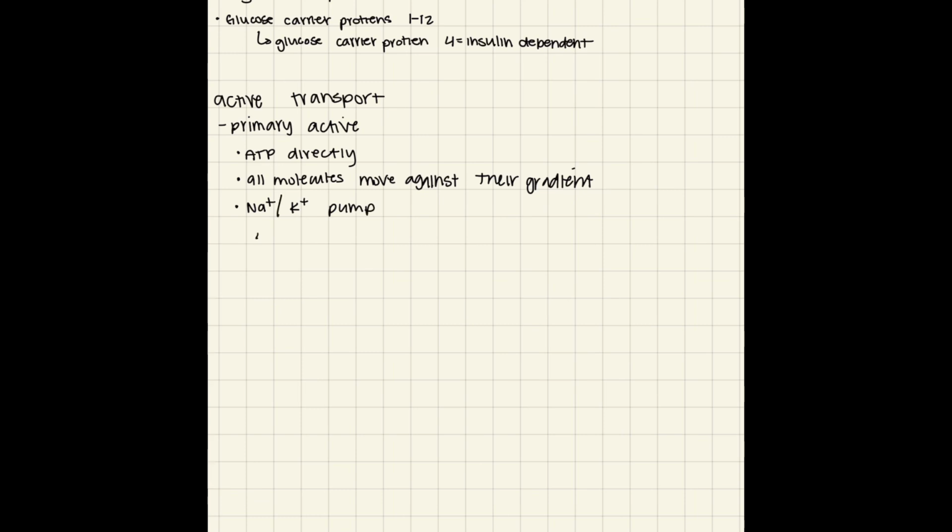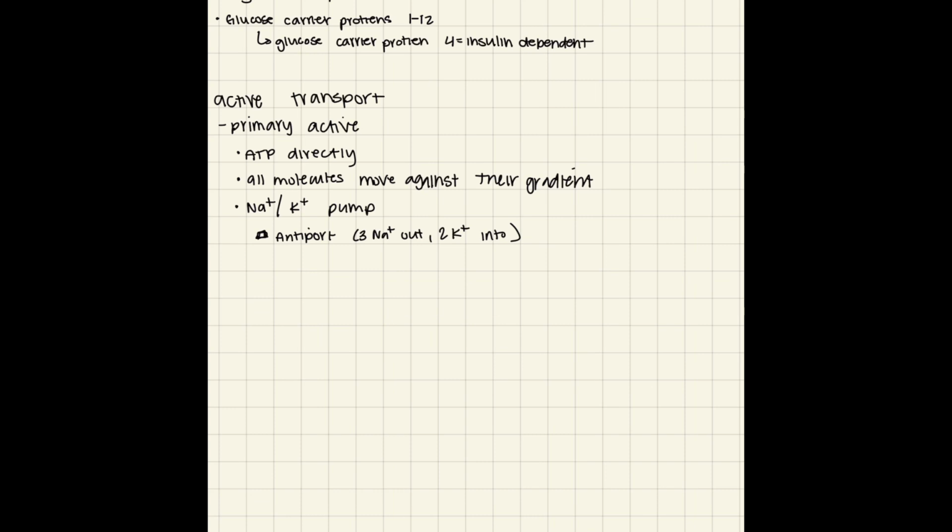This is an example of an antiport because we're pushing three sodium out of the cell and two potassium into the cell, so the ions are going opposite directions.